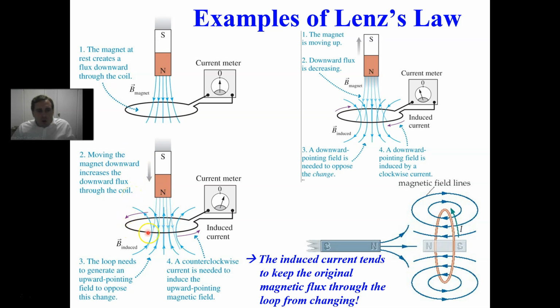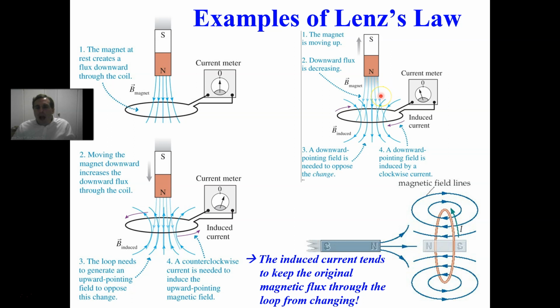Notice there's going to be conventional current that runs counterclockwise. If we point our fingers in the direction of that counterclockwise current as viewed from above, the thumb points upward, and that's the direction of the induced magnetic field. The loop needs to generate an upward pointing field to oppose this change, so a counterclockwise current is needed to induce the upward pointing magnetic field.